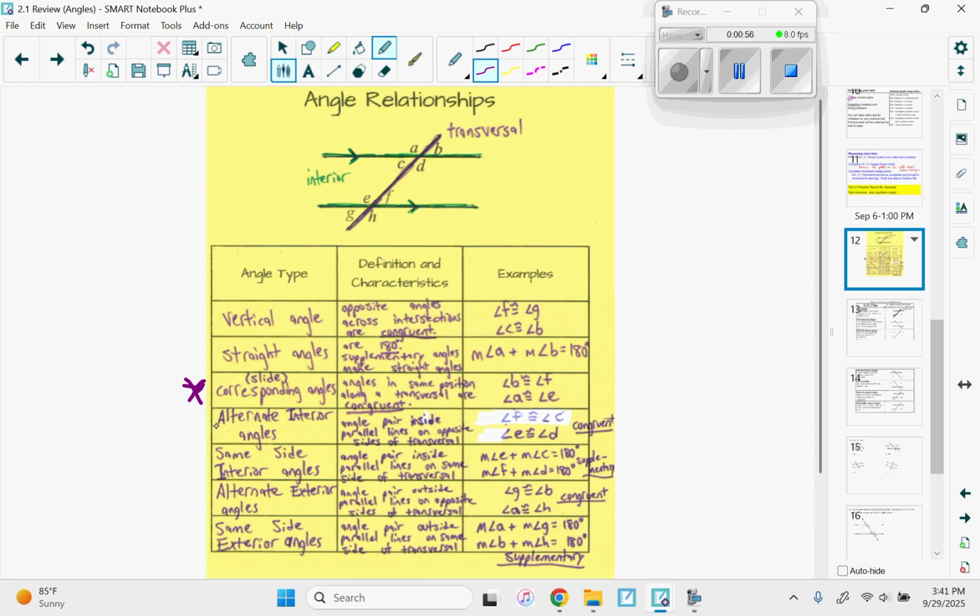Alternate interior angles are on opposite sides of a transversal. Same side interior angles are on the same side of a transversal. The same thing for alternate exterior and same side exterior. All five of those angle relationships need a transversal that cuts across parallel lines.